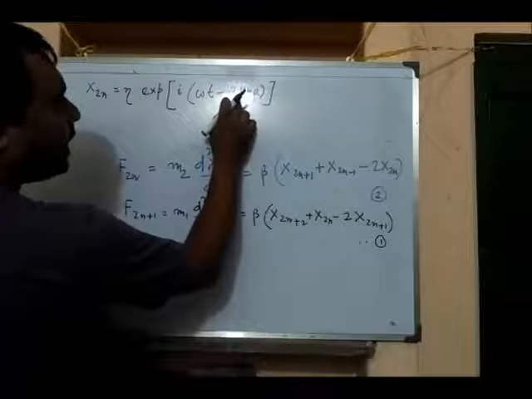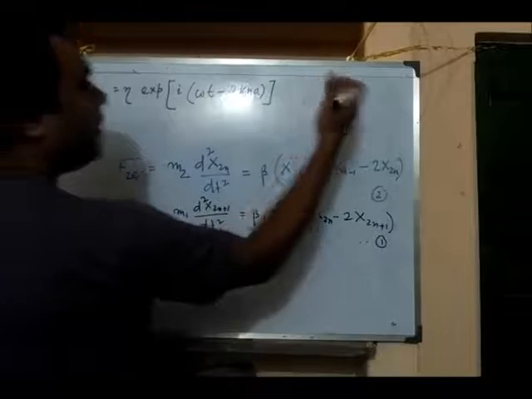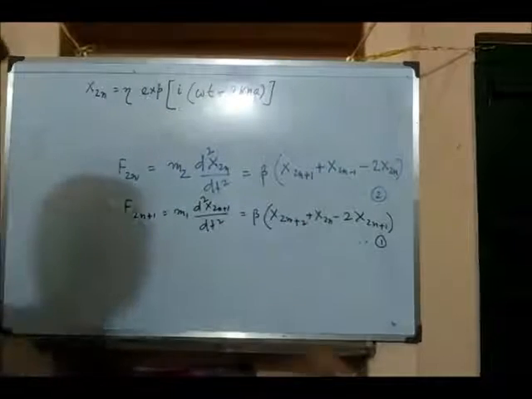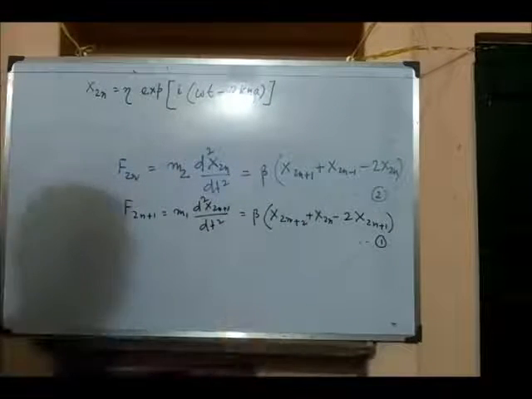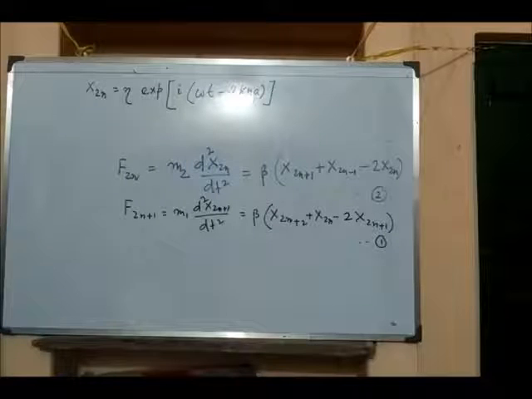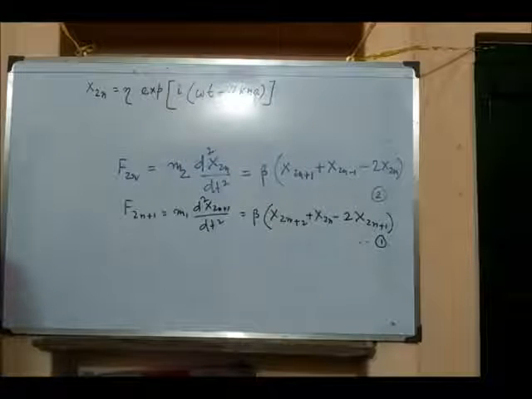So basically n is the order number and 2a is the separation of each lattice point of the same type.